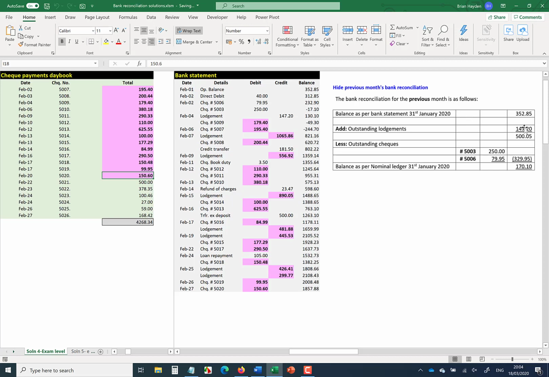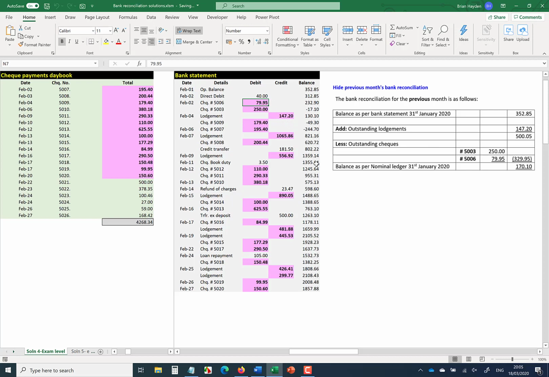What we want to check is these items, these outstanding lodgements and outstanding checks: do those items now appear on the statement? If they do, we can mark them off. There's the 147.20 here, there it is there. Check number 5003, you can see 250 here, and 79.95 there. So we've marked all those off as well. A few more items marked off here.